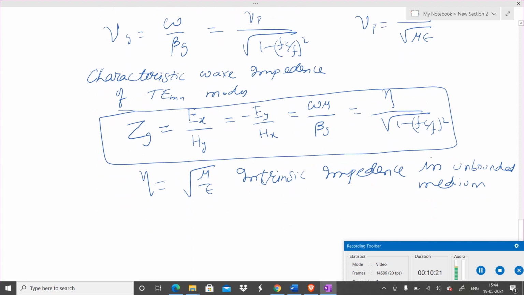Correspondingly we will have a wavelength also, because when you have phase velocity and cutoff frequency, you will have a wavelength.